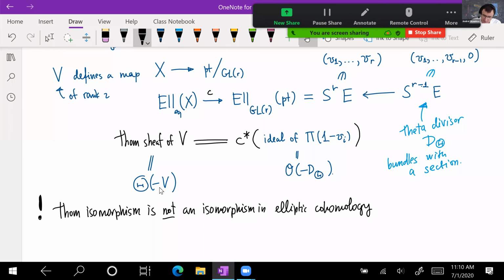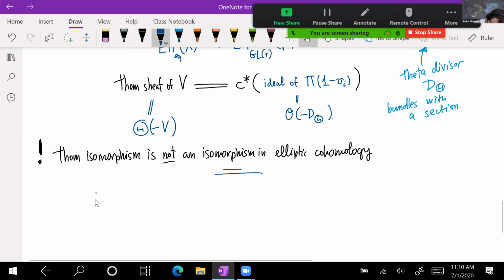Maybe speaking about theta functions, so maybe apropos. What is the perspective? What's the ordinary theta function?